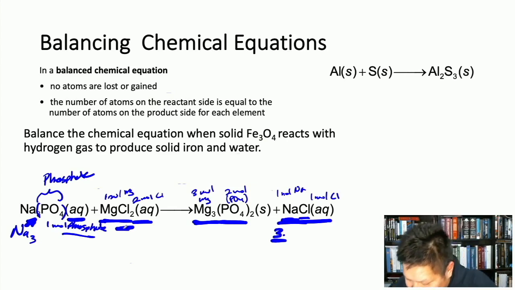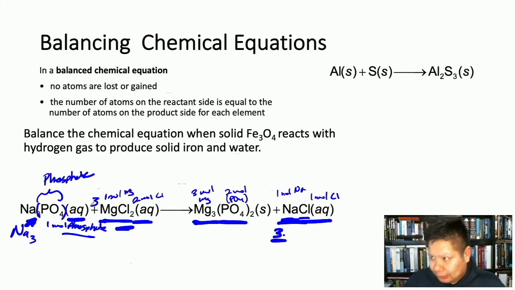Because what you can do is multiply the chlorine over here, which there's 2 moles of, by 3, by putting a 3 in front of the Mg, the magnesium chloride.